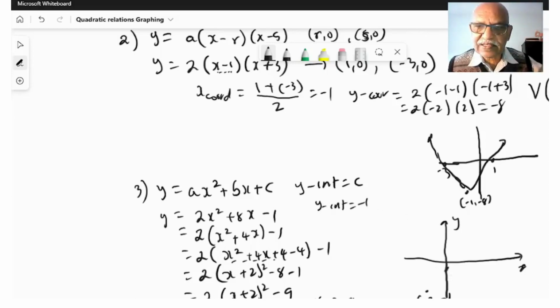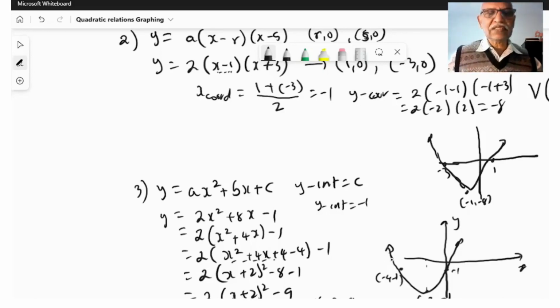Negative 1 is here. So this is symmetrical always. It's a line of symmetry. Therefore, I go to another point. Y is negative 1. Since x goes 2 units here, I go another 2 units from here. So (negative 4, negative 1). So I have 3 points. And then we have the graph.